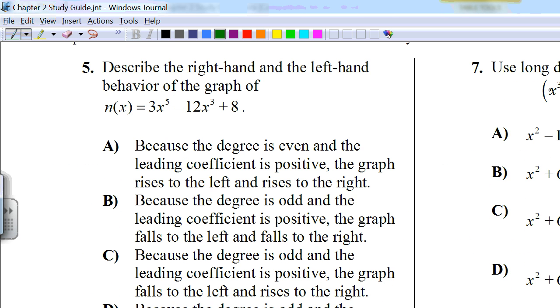Number 5. Describe the right-hand and left-hand behavior of the graph. If we graph this in our calculator, that's what you want to do first off. Go to the y equals screen. And we have 3x to the fifth minus 12x cubed plus 8.